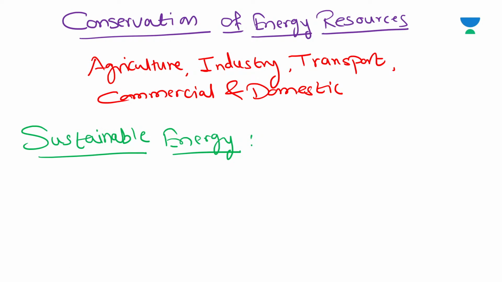So India is presently one of the least energy efficient countries in the world. We have to adopt a cautious approach for the judicious use of our limited energy resources.